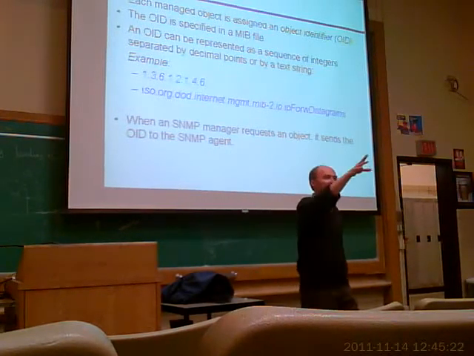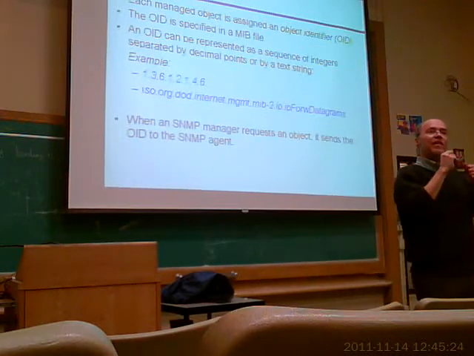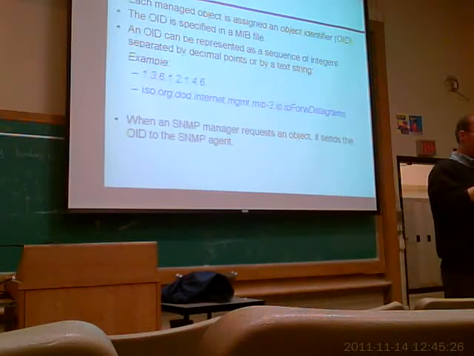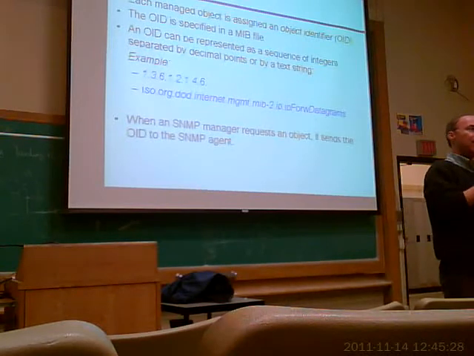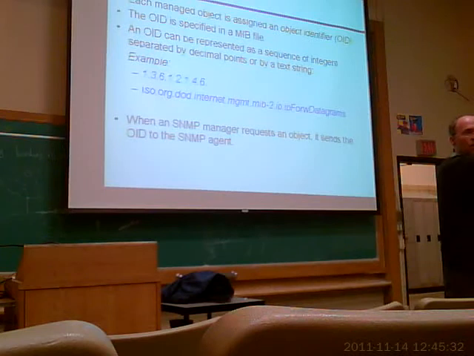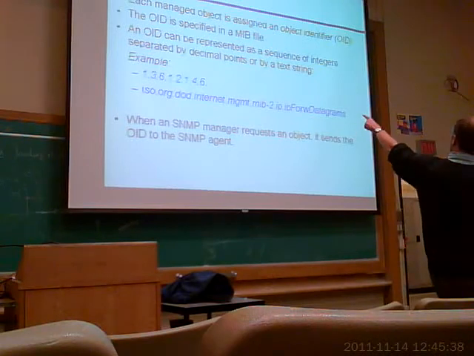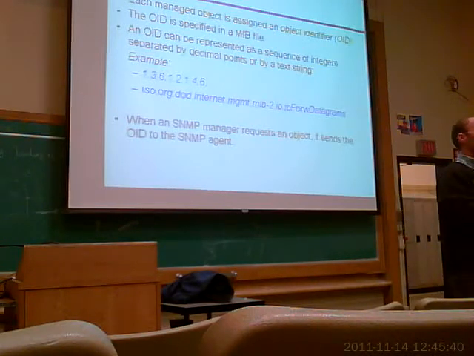That is the number, the query that is sent when a monitor, an SNMP manager, wants to ask a router how many IP datagrams it has transmitted. It sends this number in a query. And this number is structured in a way that it can be interpreted.